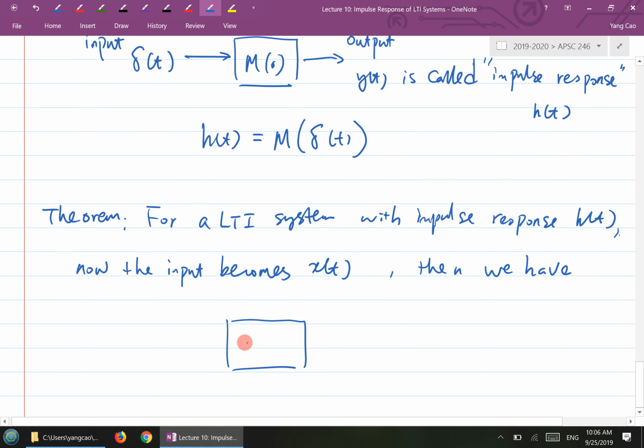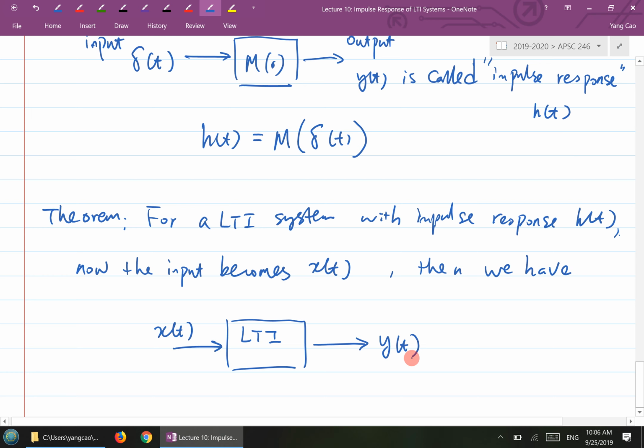So here is an LTI system, and this is the input x of t. The output is what we care about. So we wonder what will be the output y of t.